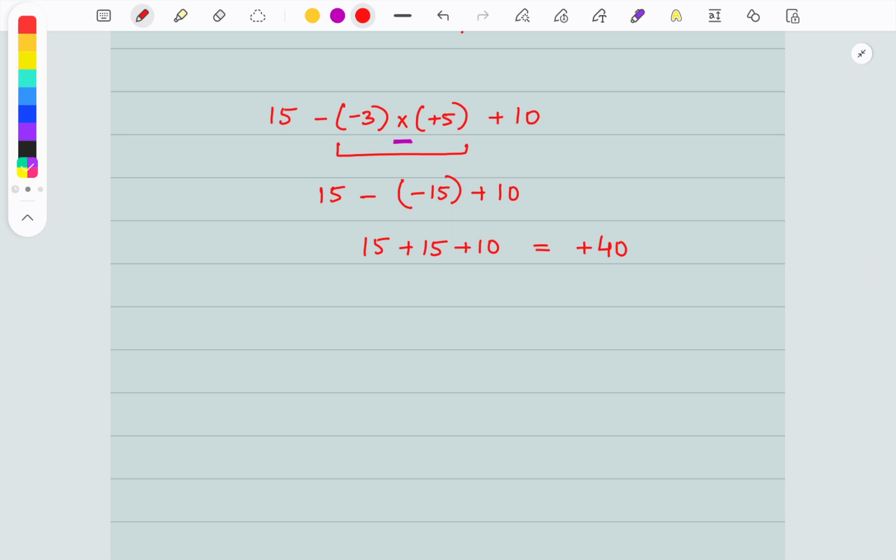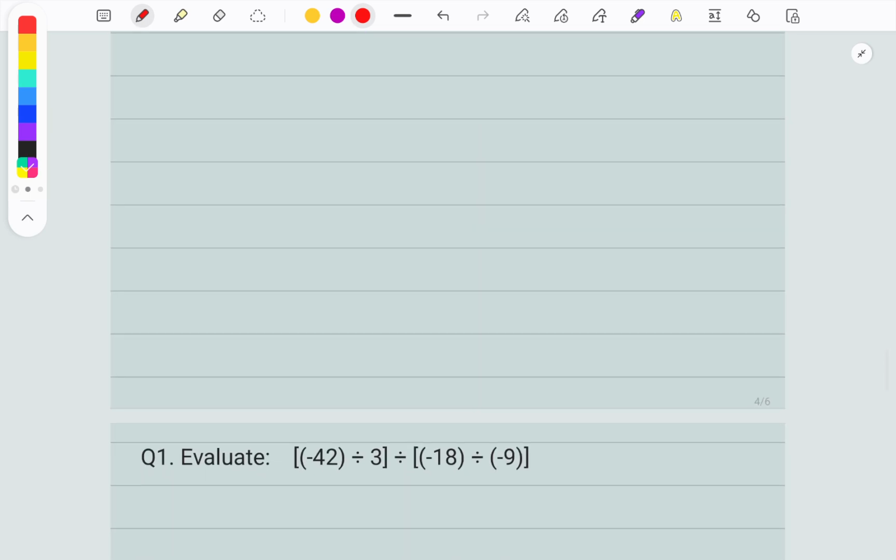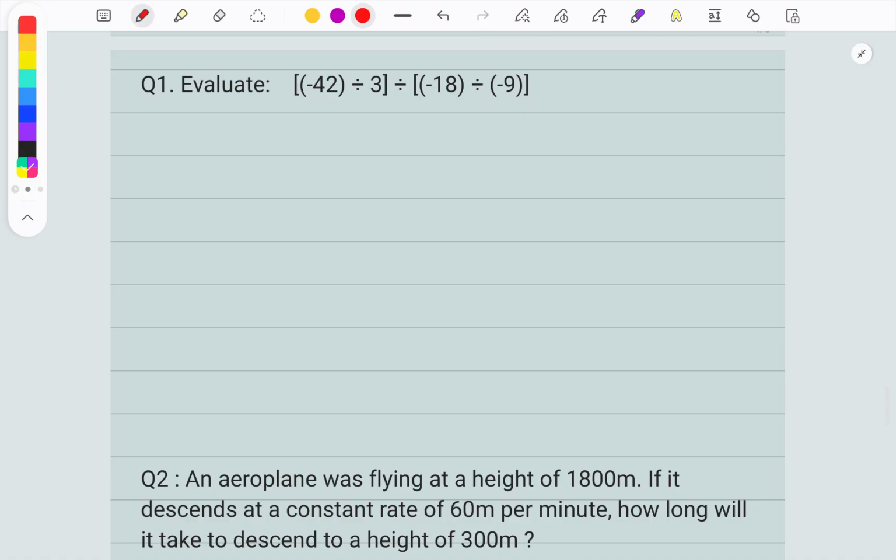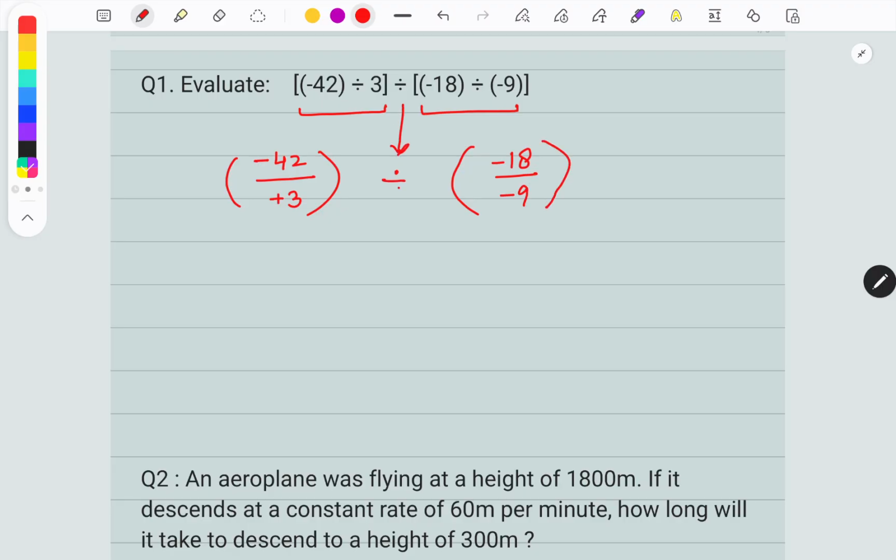Now let's move on and do some examples to understand these rules in a better way. The first question says evaluate minus 42 divided by 3 divided by minus 18 divided by minus 9. We see that there are two parts, one is this part and one is this part. So let's start. Minus 42 divided by plus 3 within bracket for this part, and for this part we have minus 18 divided by minus 9, and in between we have this division.